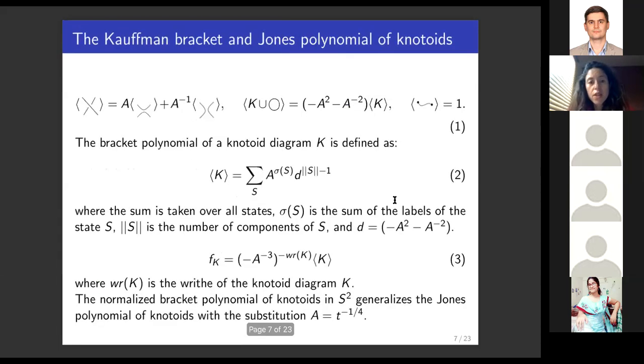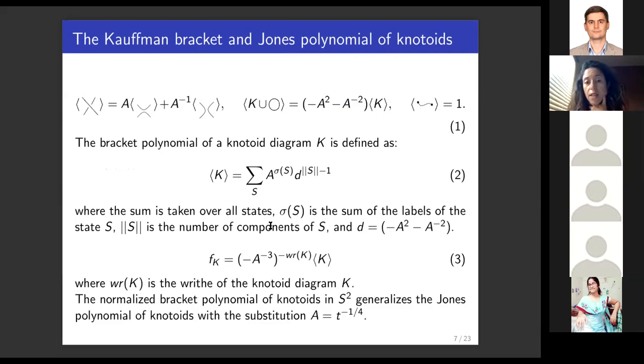Okay, now using this definition of equivalence, we can define the bracket polynomial of a notoid diagram as follows. We use these relations, and once we smooth all these crossings, we result in several states of these diagrams.